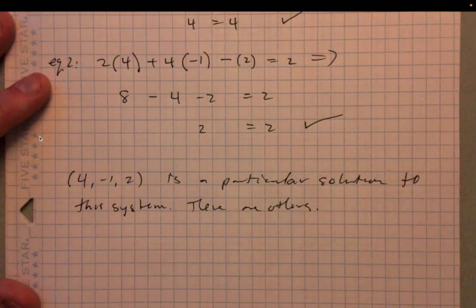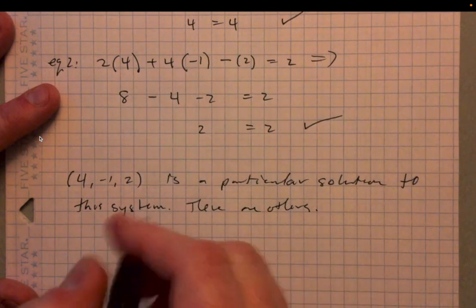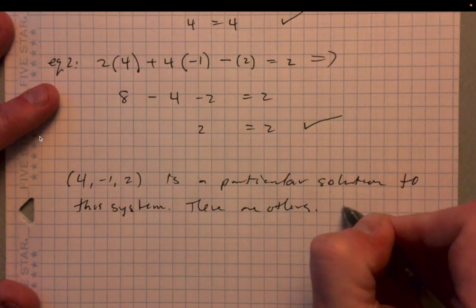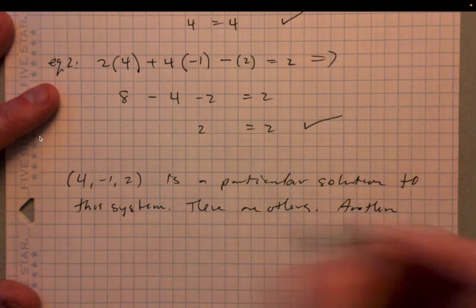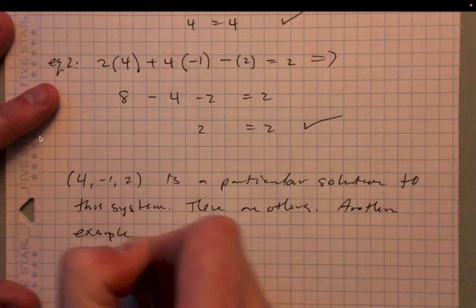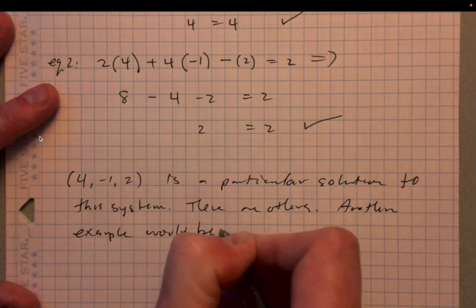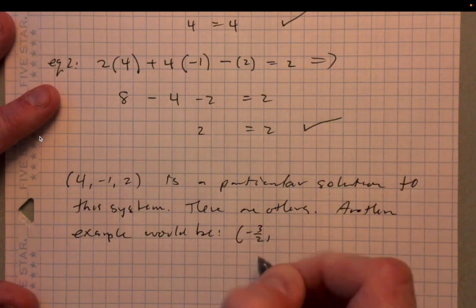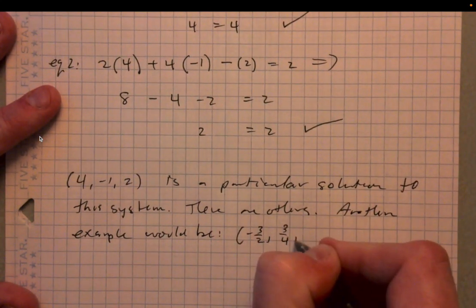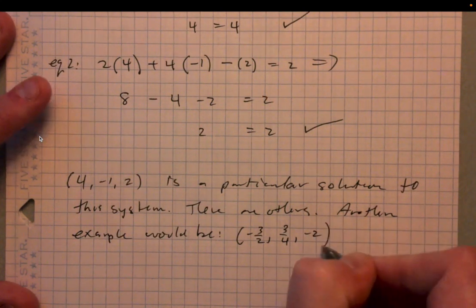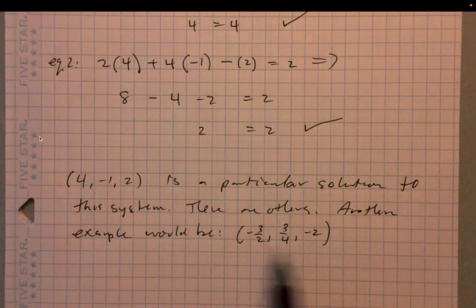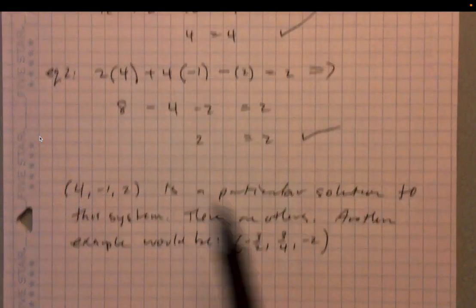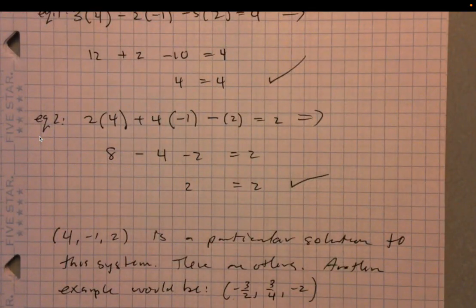Another example would be this one here, -3/2, 3/4, and -2. If you take this triple and plug it into these same equations, you'll find that indeed this is another solution.